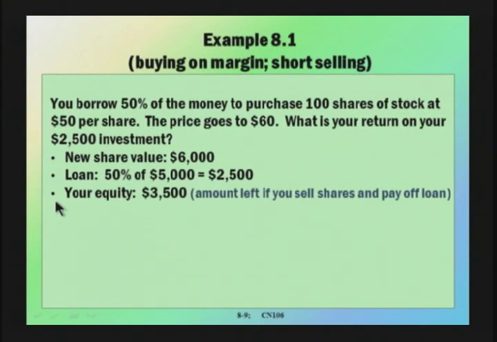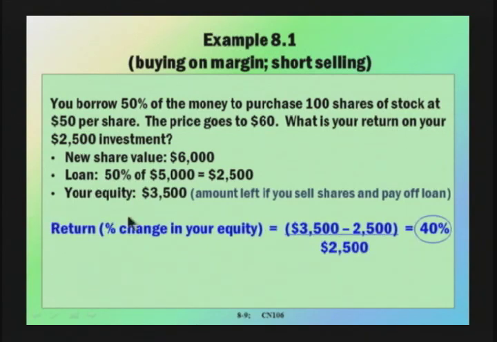So I invested $2,500, my half of the $5,000 in stock, and it is now worth $3,500. So my percentage return is a $1,000 profit on a $2,500 investment, and that's a 40% return.